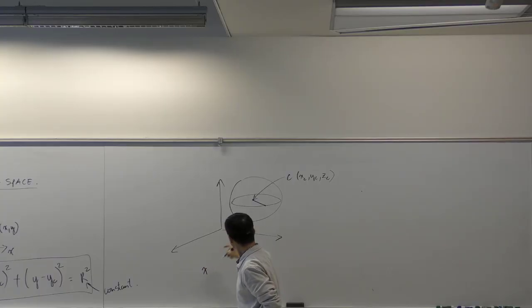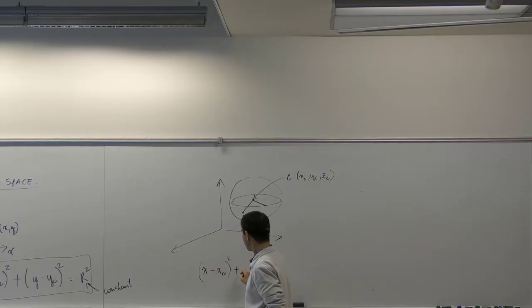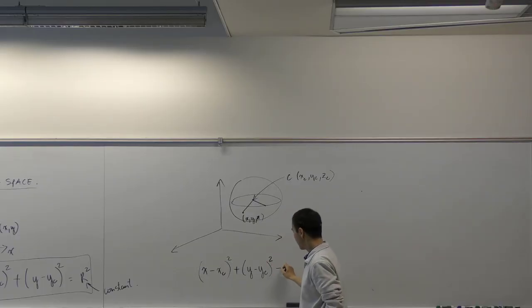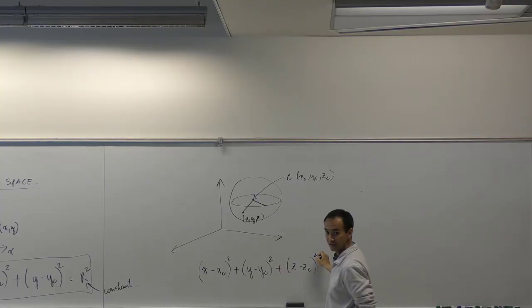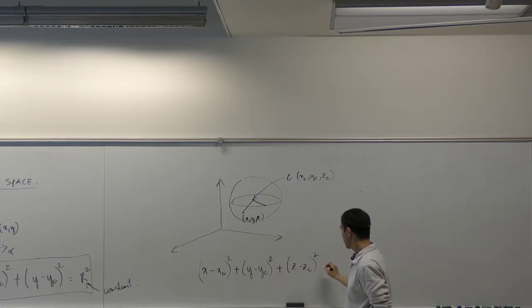So any point on the sphere itself is represented by a triplet, x, y, and z. And so the distance back to that center point is why we're looking at x minus xc squared plus y minus yc squared, plus now z minus zc squared. The sum of the squares of those three differences equals the square of the radius.